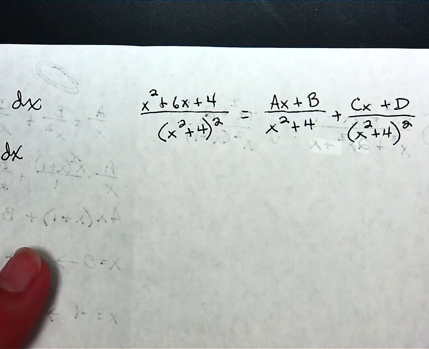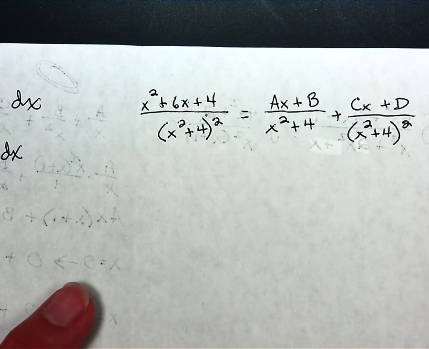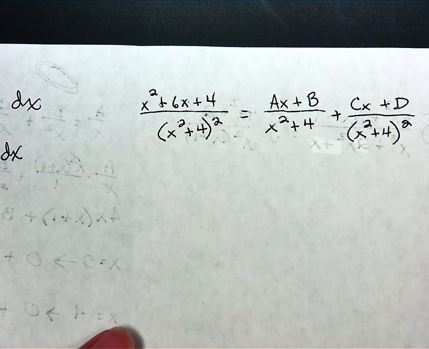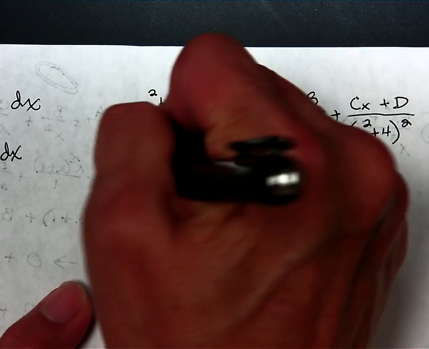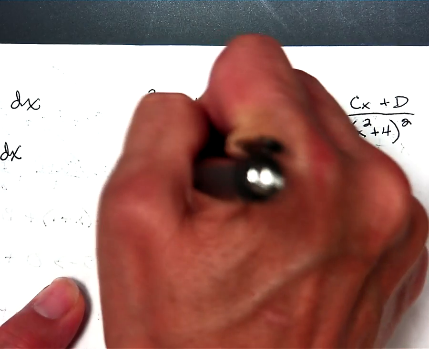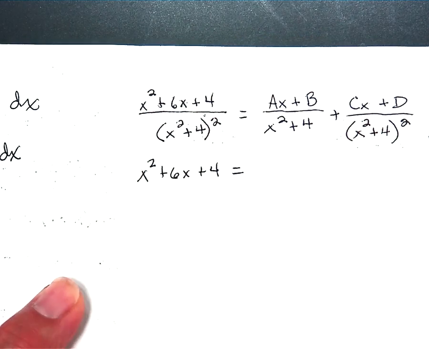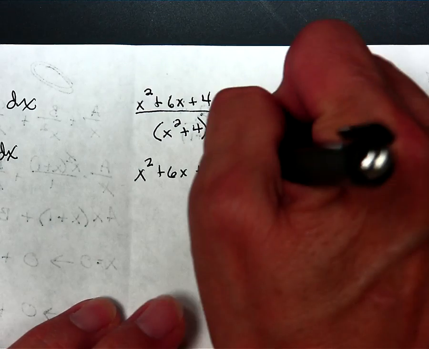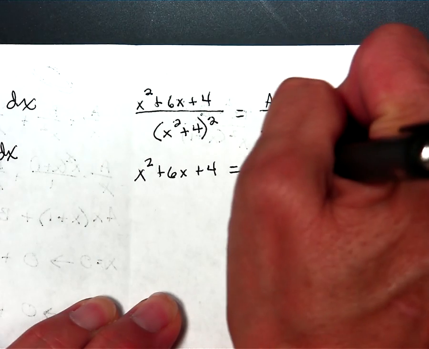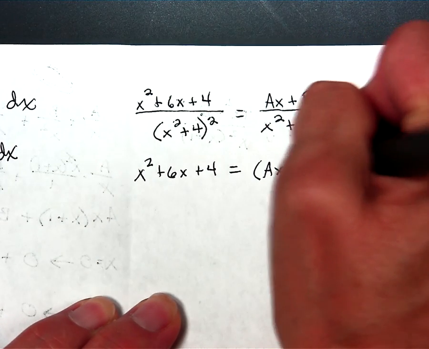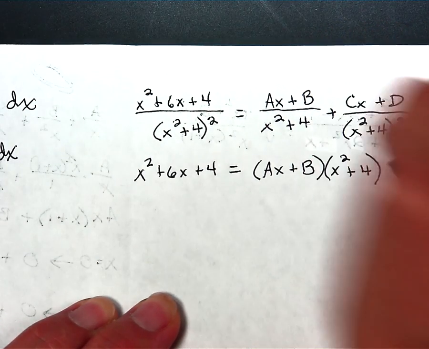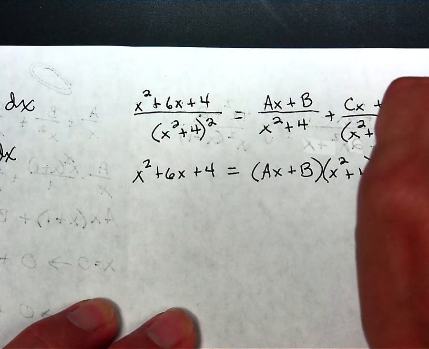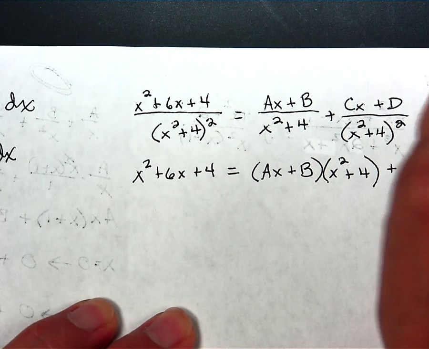The LCD is x squared plus 4, squared. I multiply the left-hand side by that. The denominator would cancel and just leave me x squared plus 6x plus 4. And the first term would leave me an Ax plus B times another x squared plus 4. And the third term would just leave me Cx plus D.